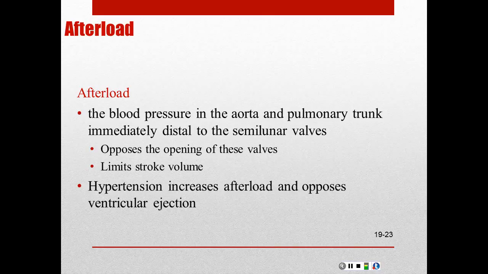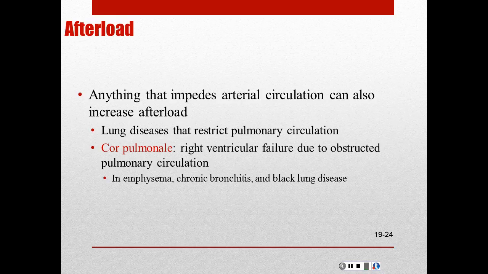Hypertension therefore increases afterload and opposes ventricular ejection. Anything that impedes arterial circulation also increases afterload, such as scar tissue from some lung diseases. Increased afterload in the pulmonary trunk causes the right ventricle to work harder, and it gets larger.